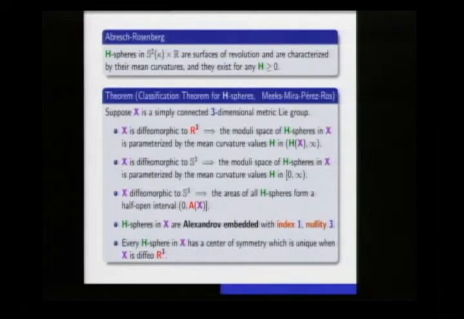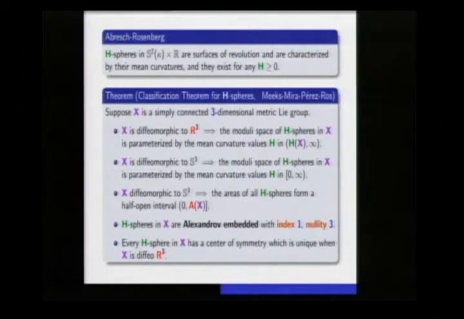So that's called a center of symmetry of the sphere. This is also related to the fact that the spheres bound balls, right? They're Alexandrov embedded, and somehow this is kind of like the center of mass for the ball that they bound. Okay, so for R3, we have this nice parameterization of all the constant mean curvature spheres.